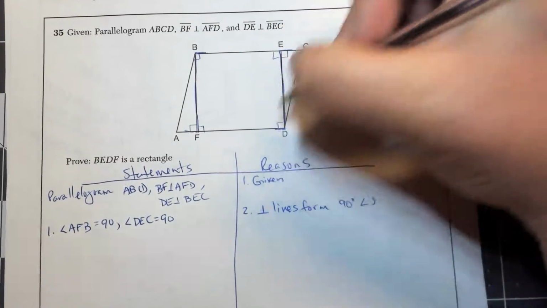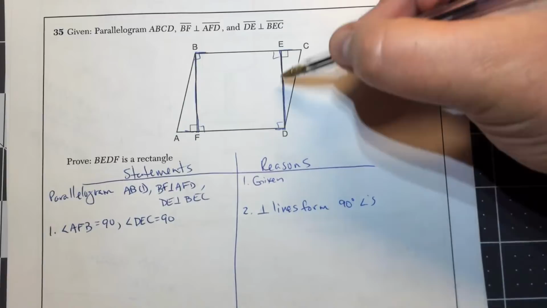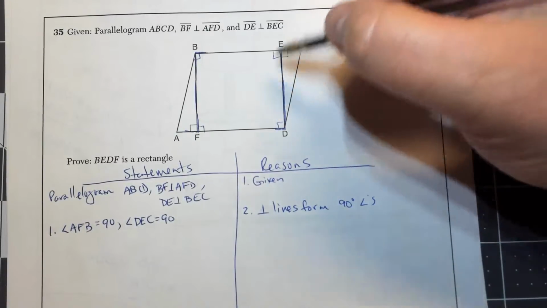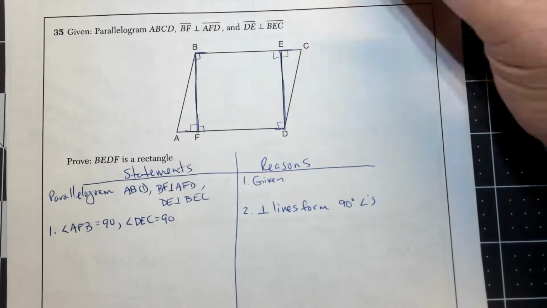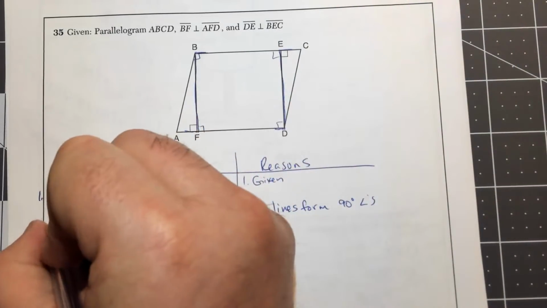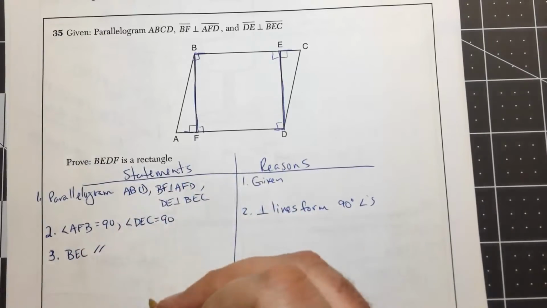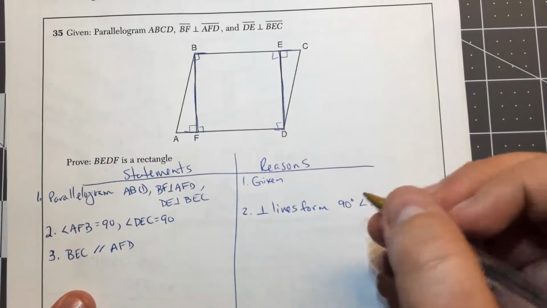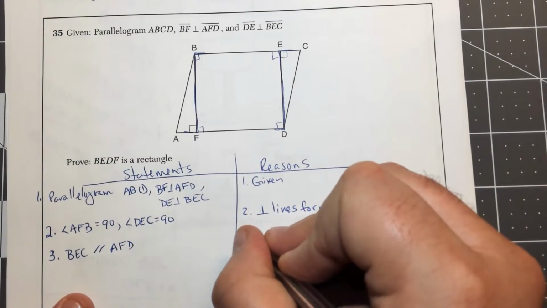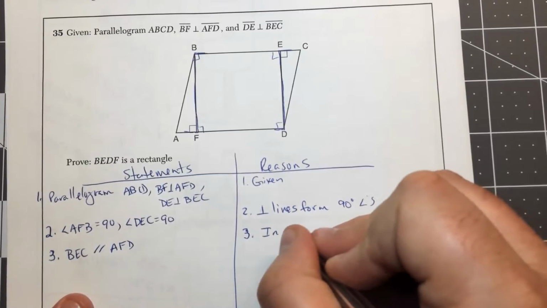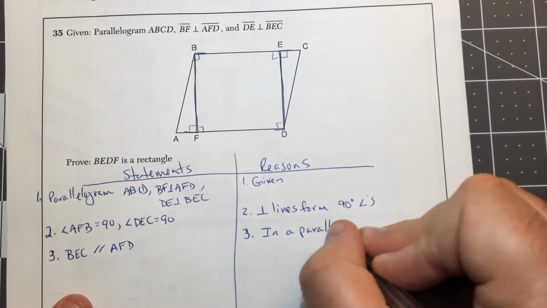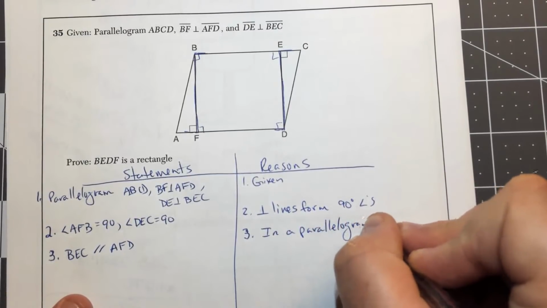So one way to get this angle and this angle to be equal to 90 is to use alternate interior angles. All right? So what we want to do first, by the way, this was 1, that's 2, here's 3, is we want to say that BEC is parallel to AFD. You can say BC and AD if you want. I'm just including the other points there.